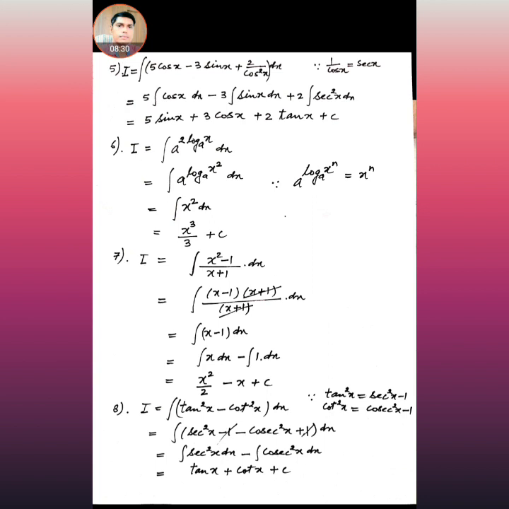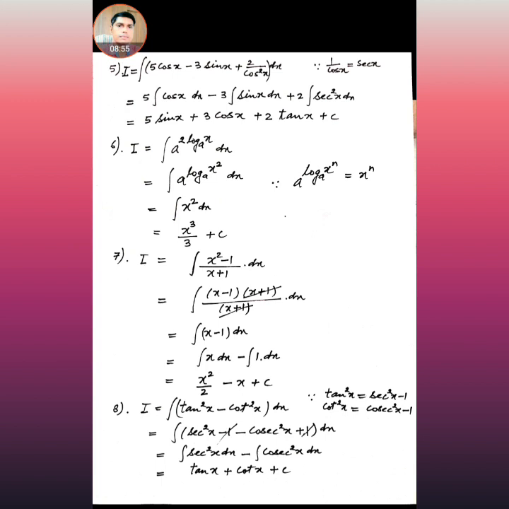Example 8. Integration of tan square x minus cot square x. First of all, we write tan square is equal to sec square minus 1 and cot square is equal to cosec square x minus 1.